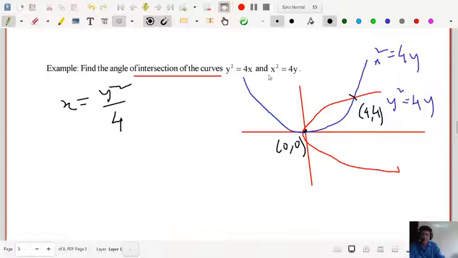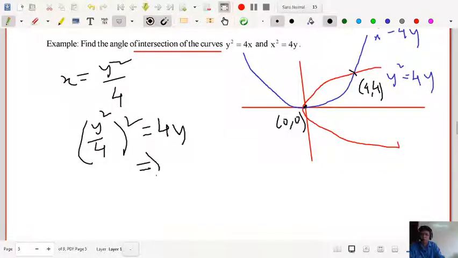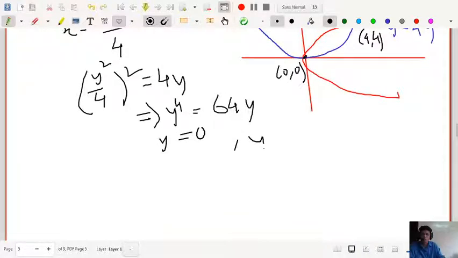So replace this x in the second equation. So the second equation can be written as (y square by 4) whole square equal to 4y, and that gives you a fourth degree equation in y, right? y to the power 4 equal to 64y. Okay, so that gives you y equal to 0 and y cube equal to 64.